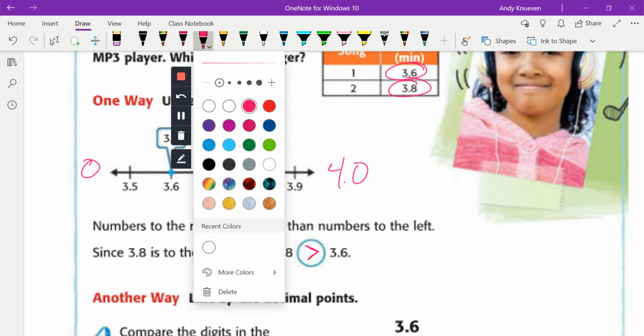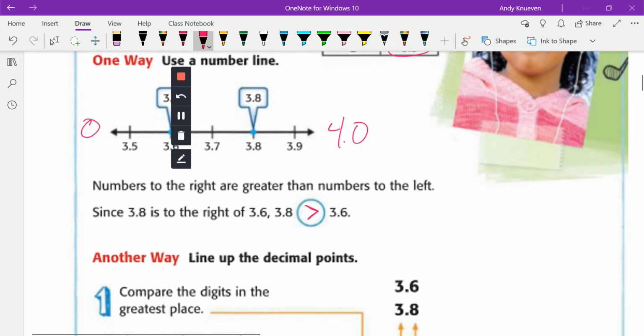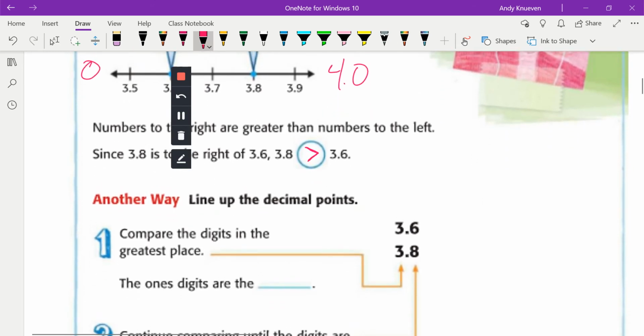Let's increase our ink size there. Good. All right. Now another way we could do that, because remember, a good mathematician is a lazy mathematician. You're not going to want to draw out a number line for every single problem, right? Another way, a more efficient way and one that much more ensures you're going to get it right, is to line up your decimals.